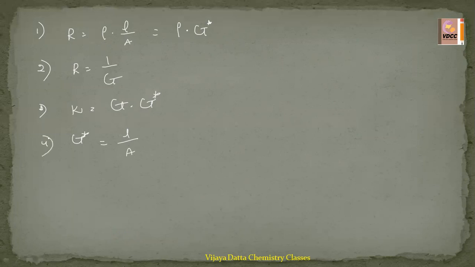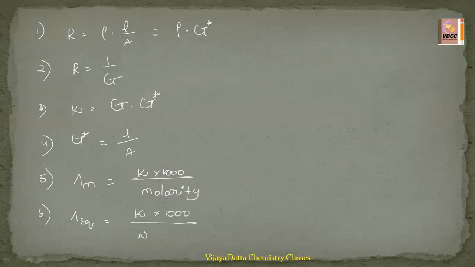And one more, molar conductance, cap M, equals kappa into 1000 by molarity, and equivalent conductance equals kappa into 1000 by normality. These are the points we learned in the previous video.